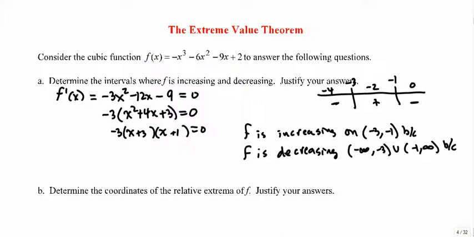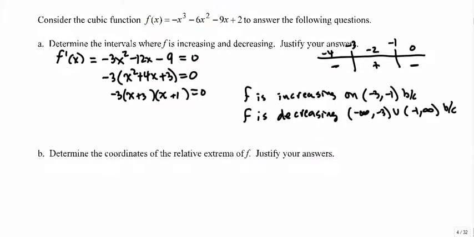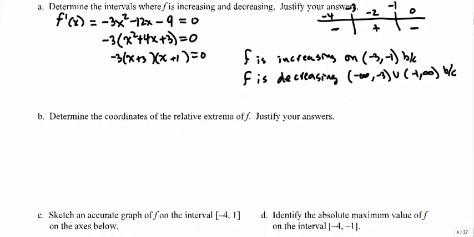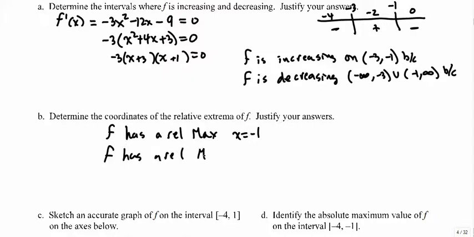All right, which is going to lead us down to part B, which says determine the coordinates of the extrema and why. And so we can now say that f has a relative max where our graph changes from increasing to decreasing, so at -1. And f has a relative min where it changes from decreasing to increasing, so that's going to be at x equals -3.